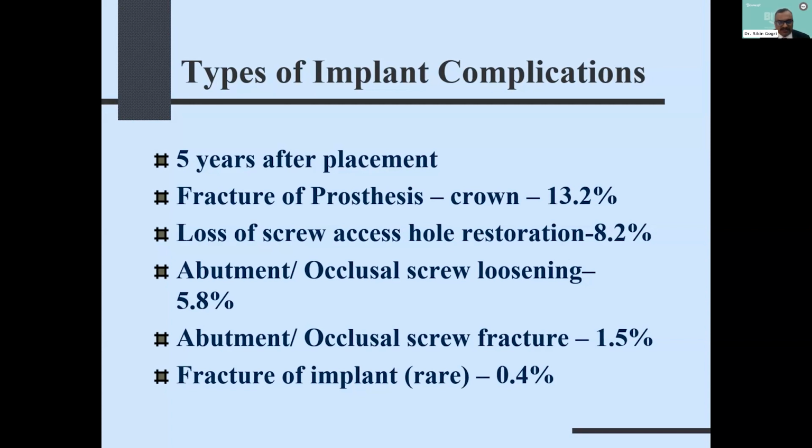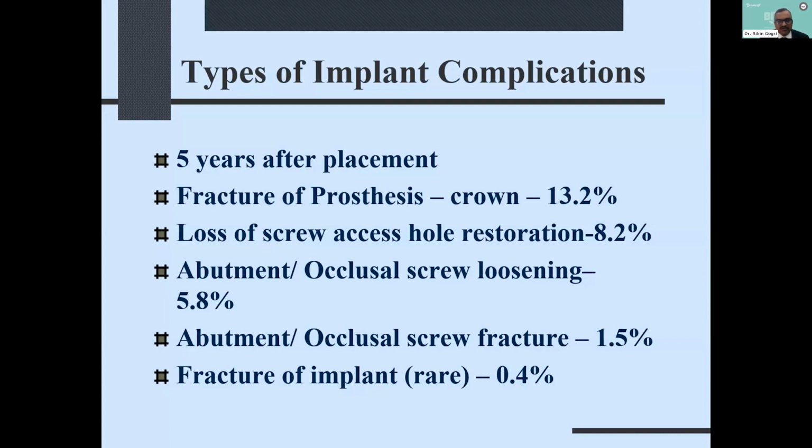Another frequent complication that we come across is the loss of screw access hole restoration and screw loosening. Abutment and screw loosening is most common in the lower mandibular first molar region because of the mandibular flexion. The abutment and occlusal screw fracture is also a very frequent complication that we come across in some cases, but nowadays we have the retrieval kits and retrieval systems to correct that complication.